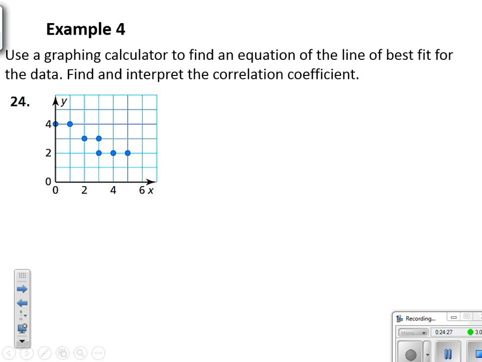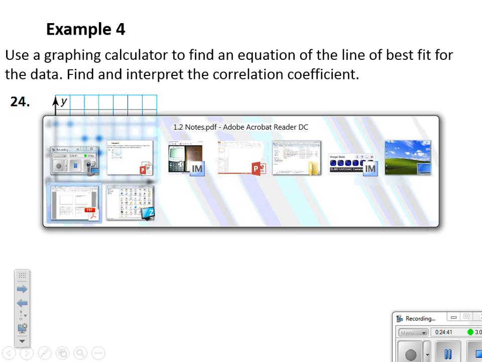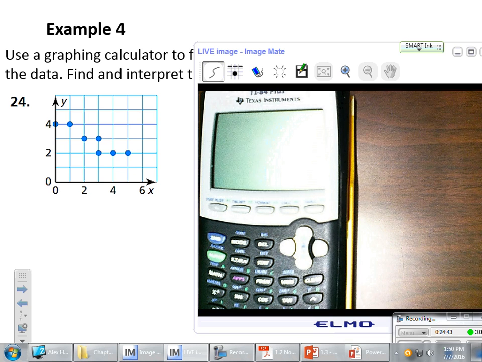All right, next one. Use a graphing calculator to find an equation of a line of best fit, and then we want to use that calculation result to interpret the correlation coefficient. So give me a second. Here we've got our calculator.